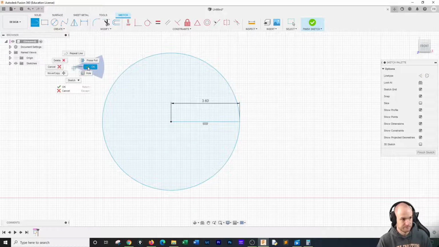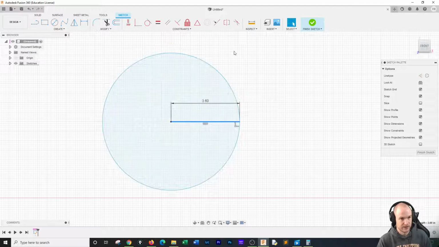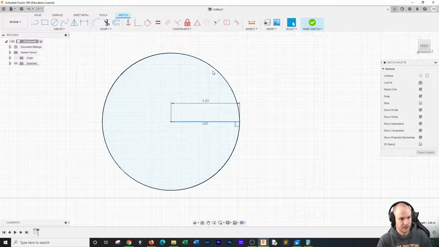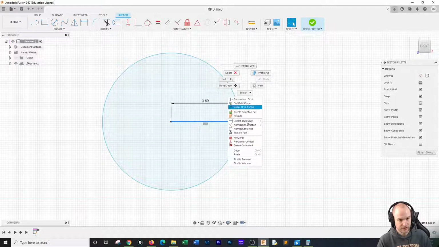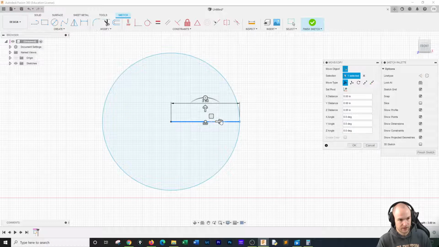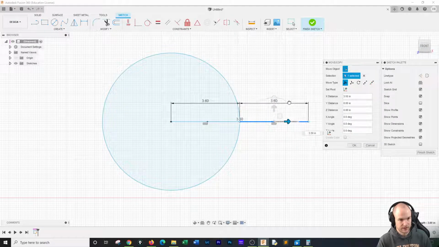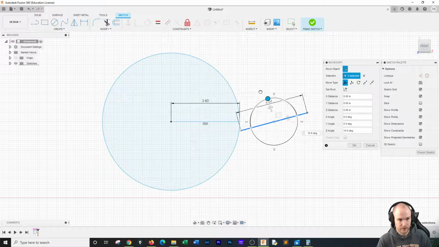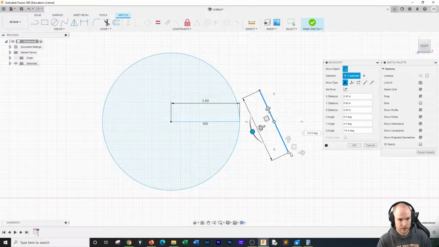Like if I took this line right here now and I rotated it, or I copied it, let's make a copy of it. Copy and paste. So like, let's say I take this line here and I snap it to the end, and see if I can get a rotation on it. Oh, I don't want to do it that way. Well, maybe I do. Let's put it over here.